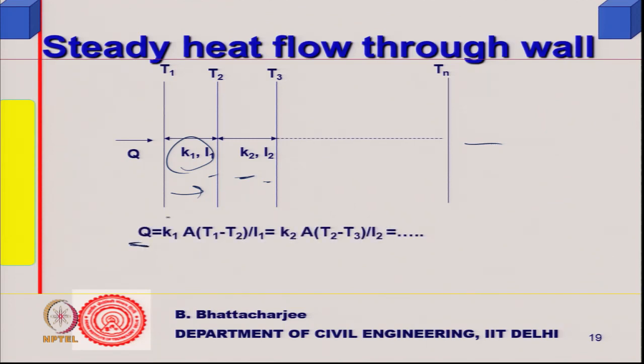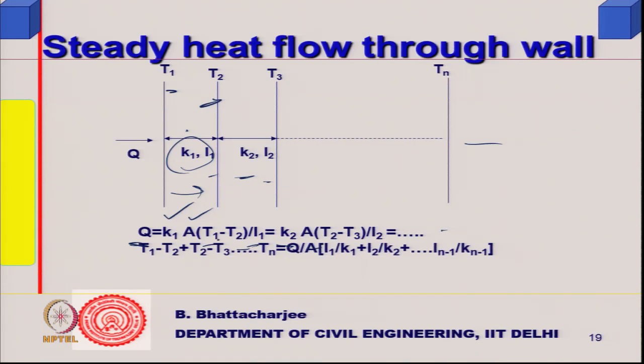So Q will be equal to K1 into A into (T1 minus T2) divided by L1, and this heat is coming to the next layer. So I can write for the next layer K2 A, the area is the same, and I can do this for all of them.